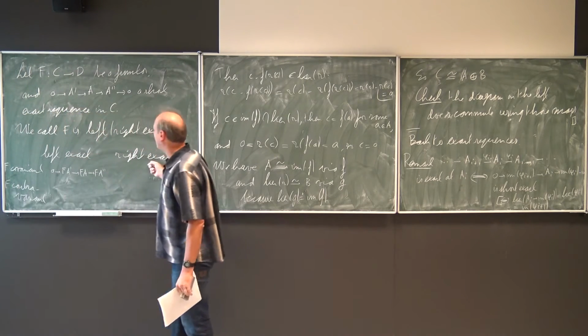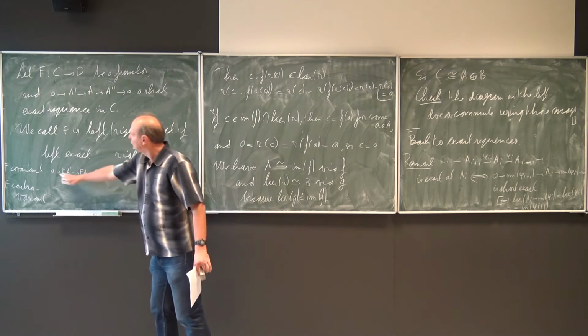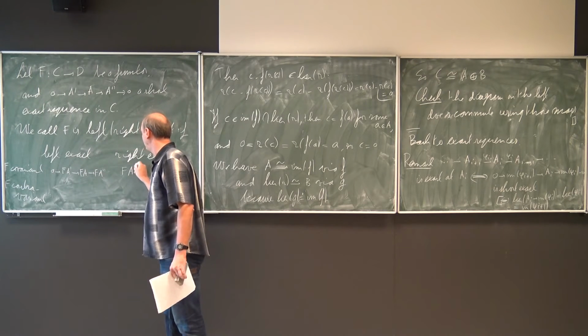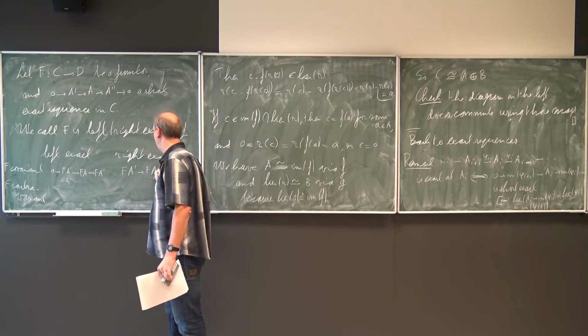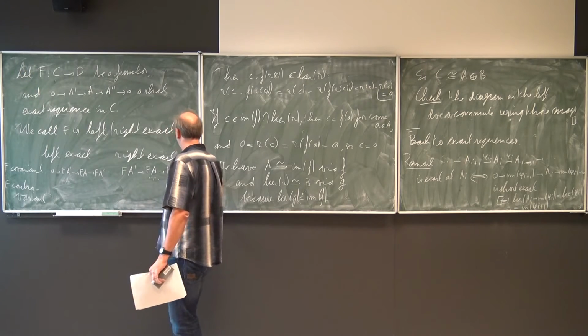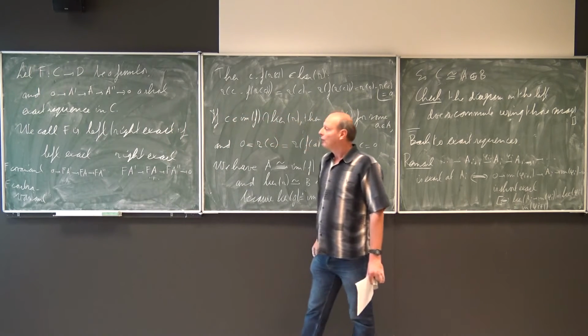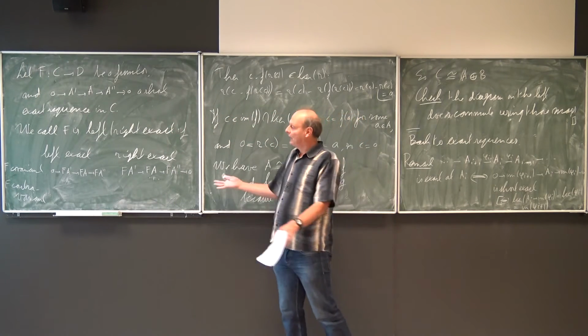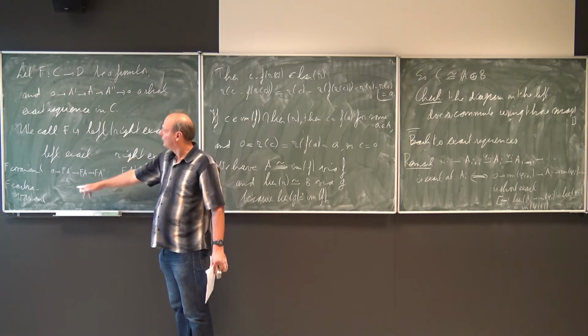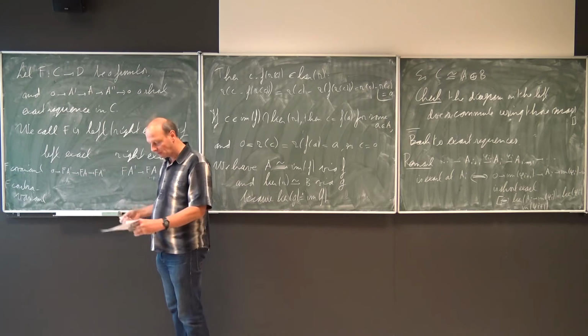And if you go about right exact, then you accept the loss of the 0 here, but not on the right. So in that case, I want to have F A prime goes to F A goes to F A double prime goes to 0. And for contravariant, you basically do the same thing, but of course the arrows will change. If I want to have left exact, then I want 0 on the left of the result.